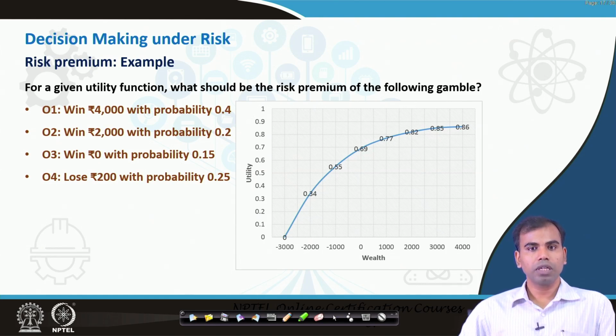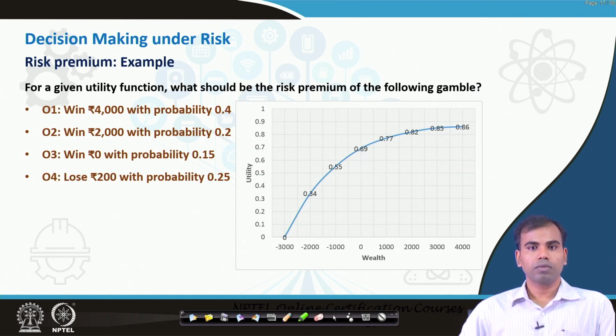Now, the particular case here is being discussed in the context of a utility function curve, which is given here. The individual we are trying to understand follows a logarithmic utility function as shown in the graph.